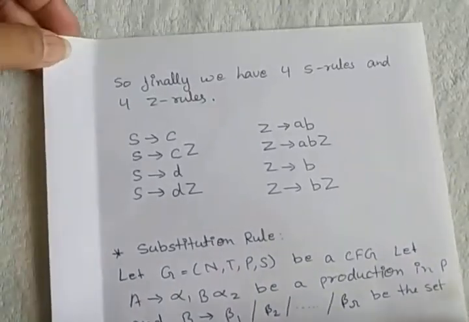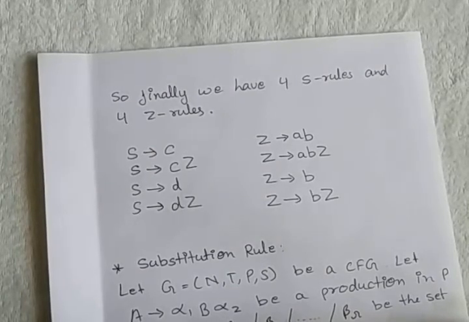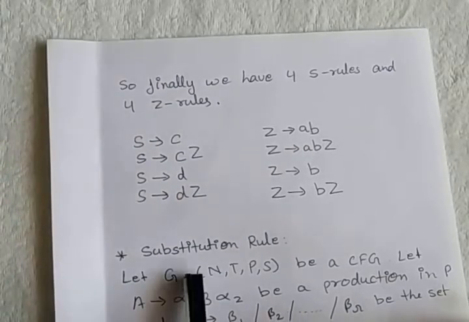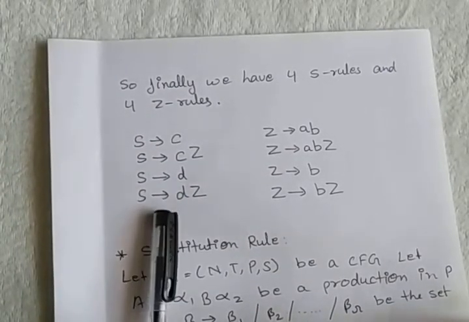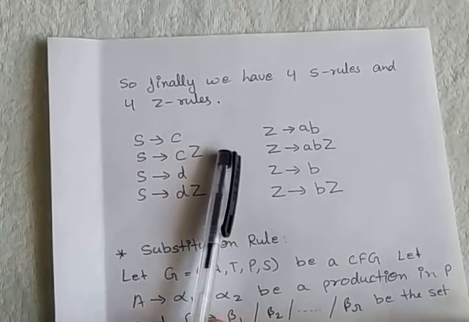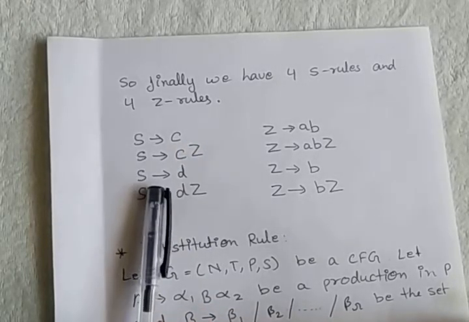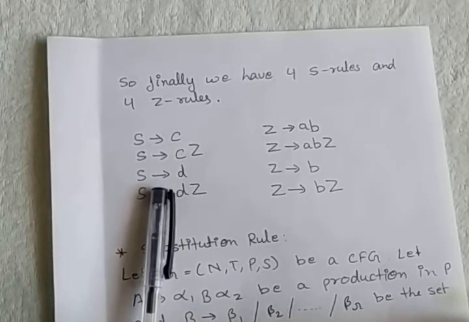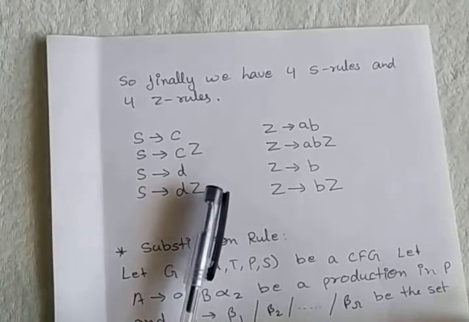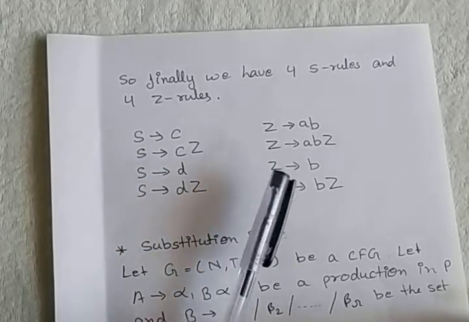So finally we have 4 S rules and 4 Z rules. Earlier we had 4 rules, and when we converted it into right recursive, we have 8 rules, right?